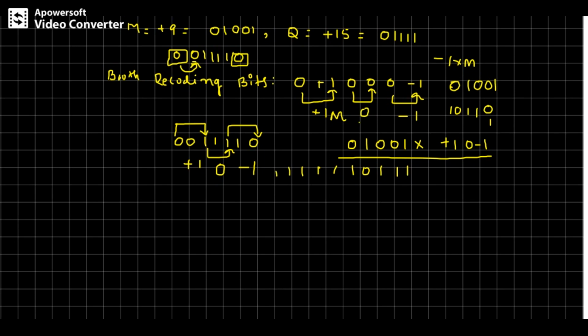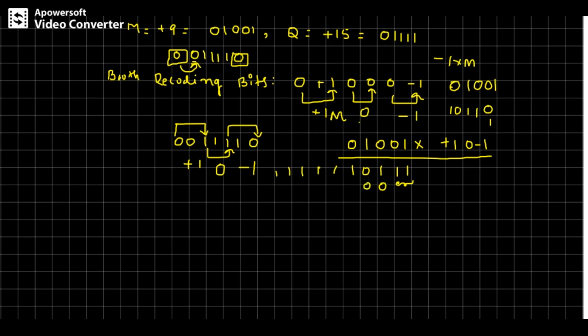So next is 0 into m, but while writing the partial product, since we consider 3 bits together, so I can leave these 2 spaces. While writing the partial product, I can start writing from this location.